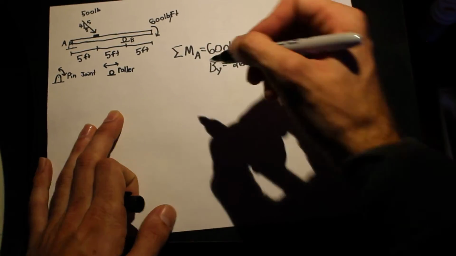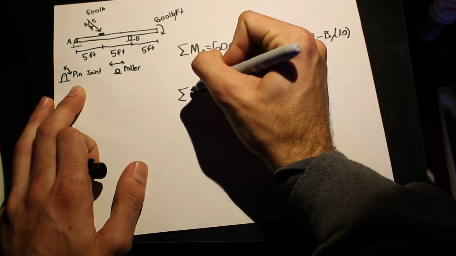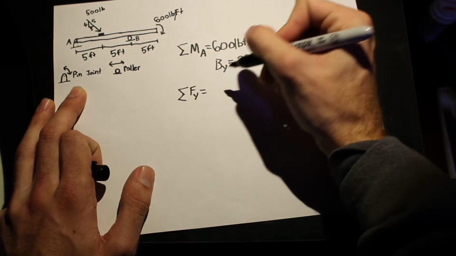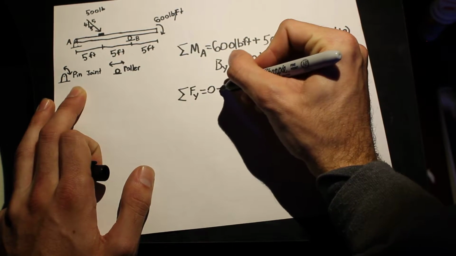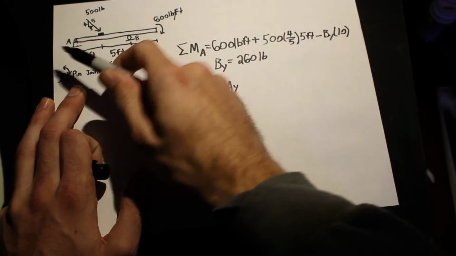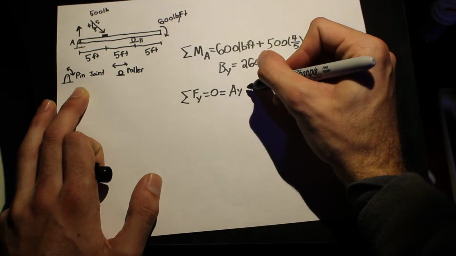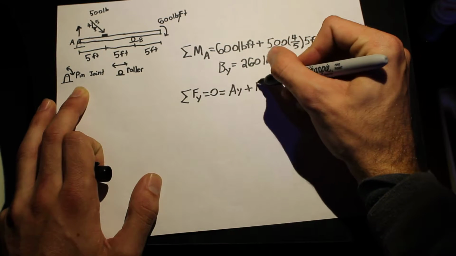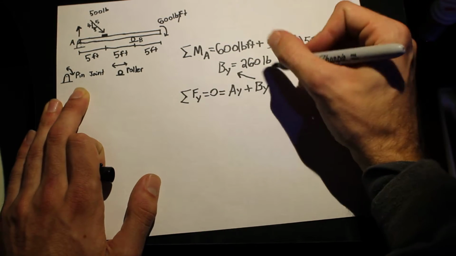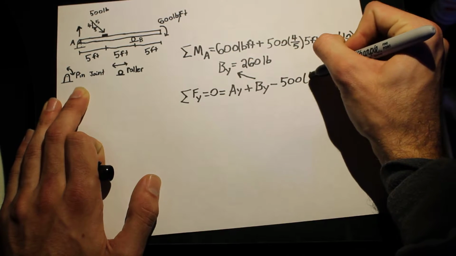The next thing we're going to do is find the sum of the forces in the y direction. So for y, this is going to equal 0. And then we have Ay. Right here, we have the y going in the upward direction, plus By, which we already solved for right here. And then we have the minus 500 times 4/5.